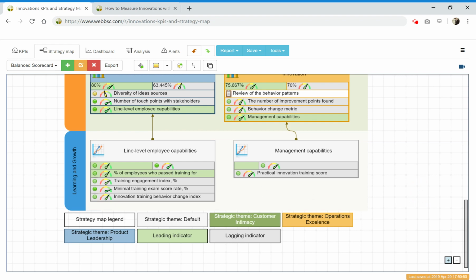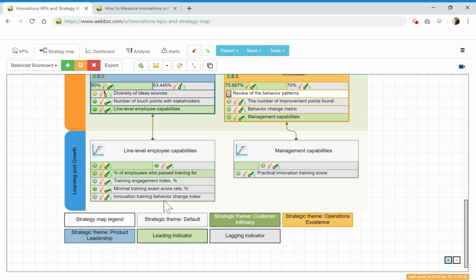There are different ways to measure this. Basically, you can just do exit polls to find out if people liked what they have learned about. Then you can measure the training exam score to find out if actually people learned what the training was about, learned their takeaways of the training.